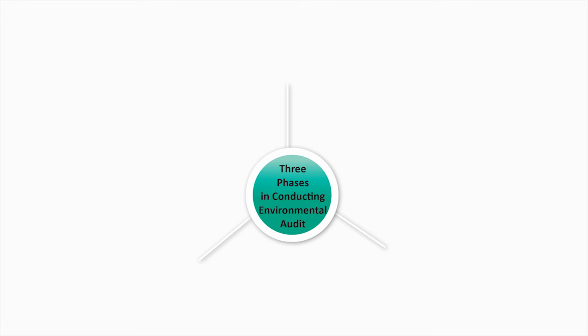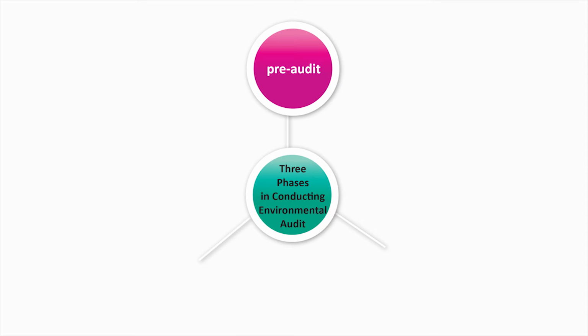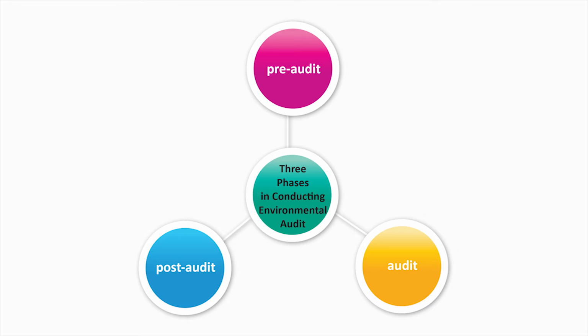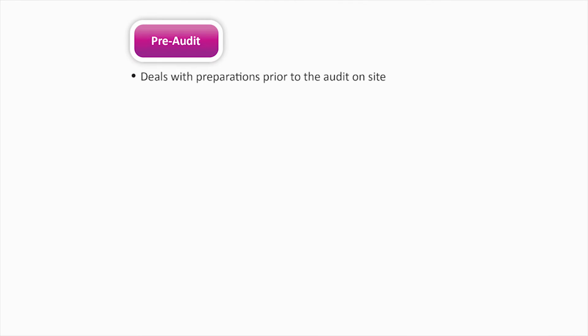There are three phases in conducting an environmental audit: pre-audit, audit, and post-audit. Pre-audit deals with preparations prior to the audit on-site.